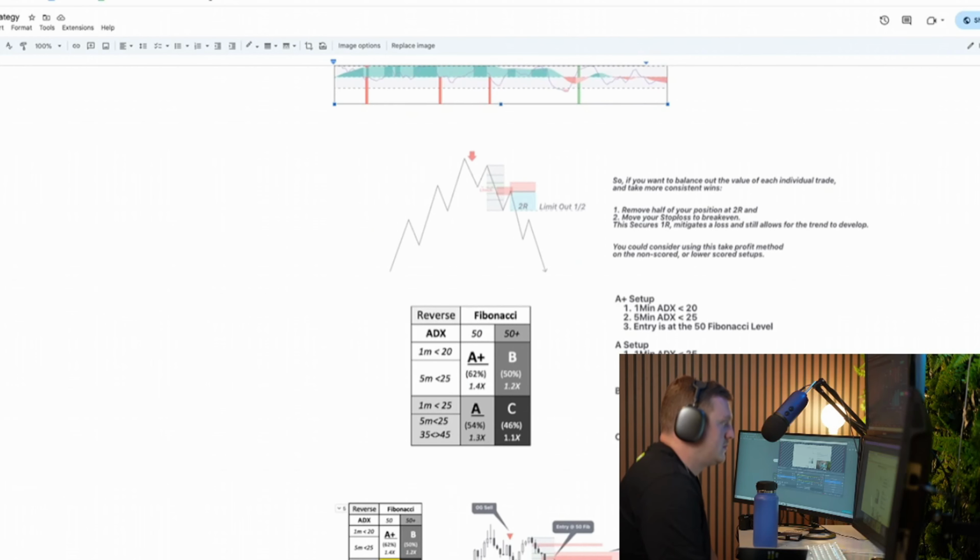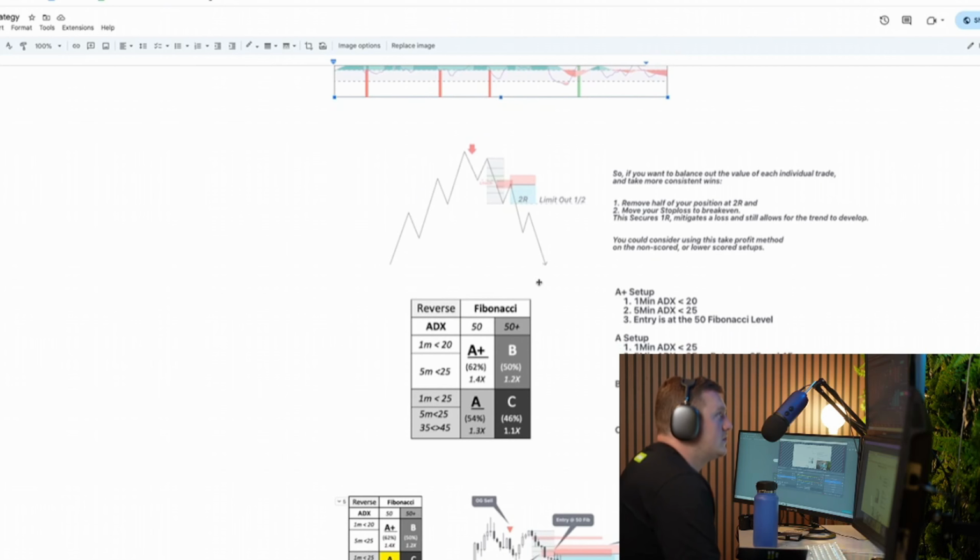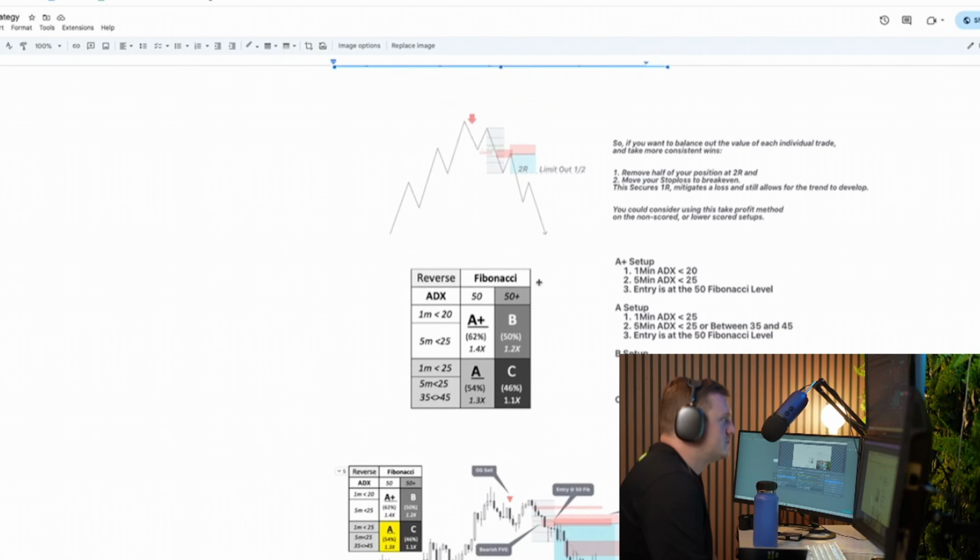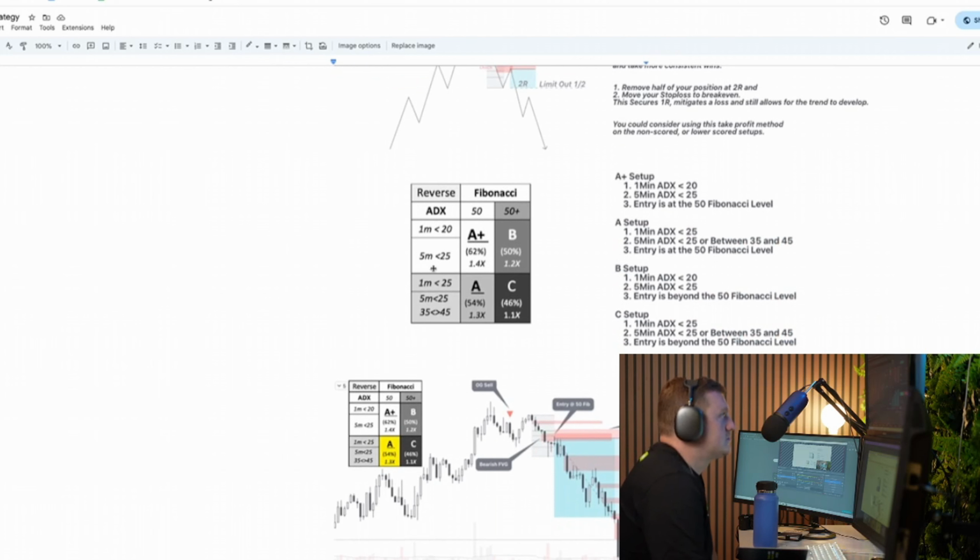Now, how do you determine what an A plus, A, B, or C setup is? You have this chart right here. An A plus setup is 1 minute under 20 on the ADX, 5-minute under 25, and entry at the 50% Fibonacci level. That is A plus. You couldn't get any more perfect than that.